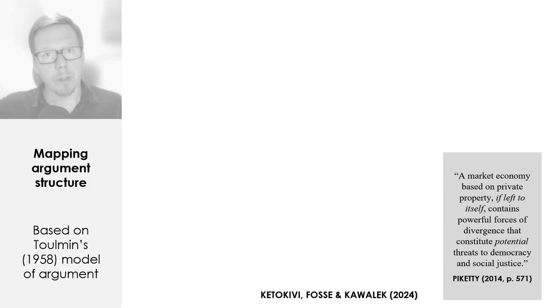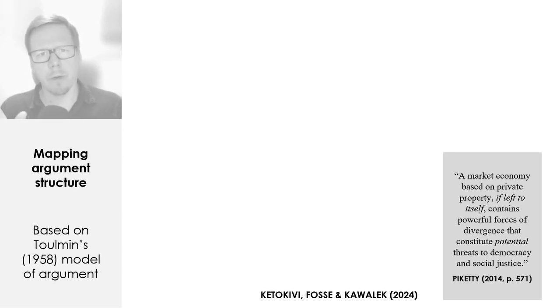If we look at the central contradiction of capitalism, we actually see two distinct but related claims. One is a claim of convergence. The other is a claim of divergence. We decided that we would analyze only the divergence claim. It seems like every individual claim has to be analyzed separately to see what kind of an argument structure supports that specific claim.